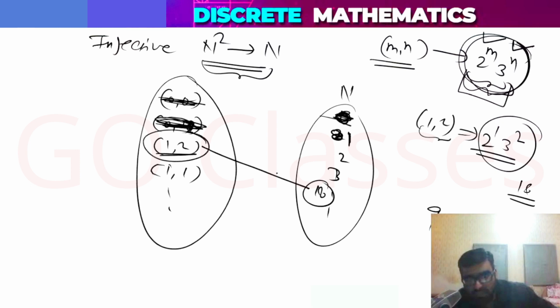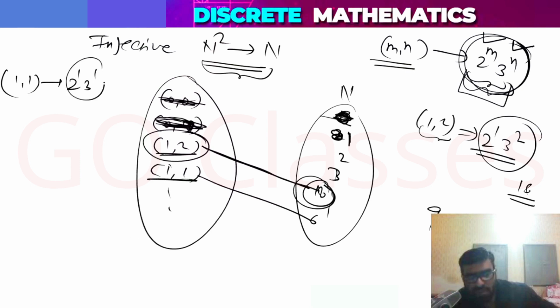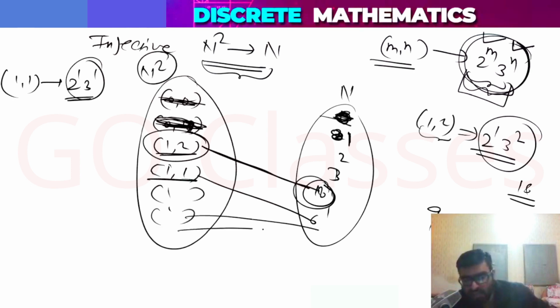For this (1, 2), this will map to 18, and no other element can map to 18. For example, for (1, 1), it will map to 2^1 times 3^1, basically 6. So you can see that every element of N square is mapping to a unique element.